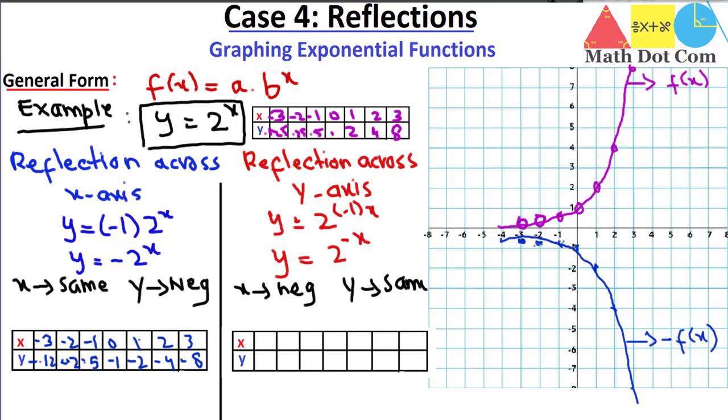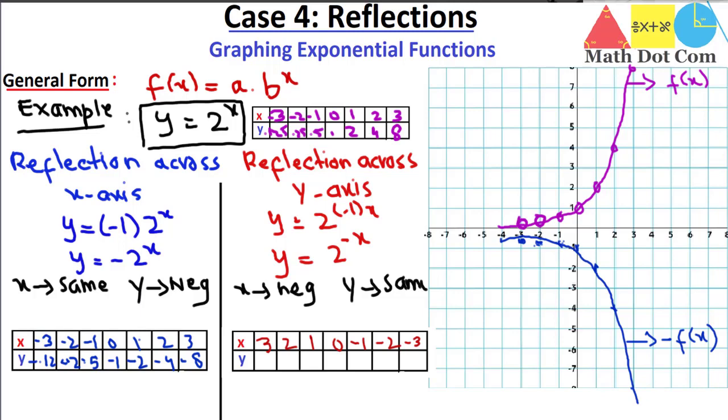Now for reflection across the y-axis, let's take the same points, but the value of x will not remain the same because we have to multiply with -1. So the negative will become positive. So it will be 3, 2, 1, 0, -1, -2 and -3 because we are multiplying with -1. And what will be the impact on the value of y?